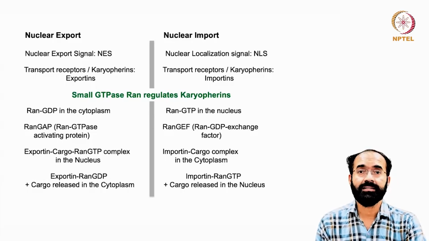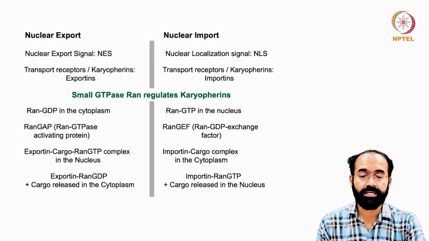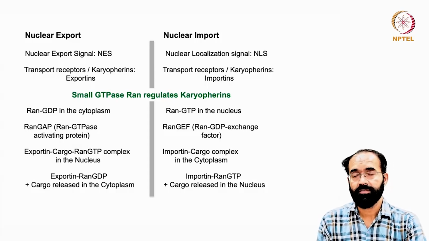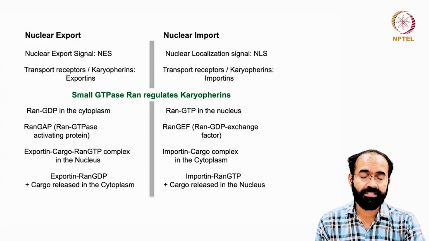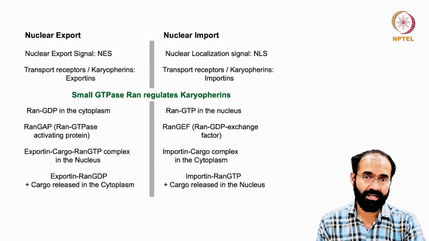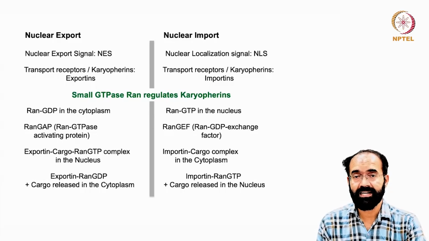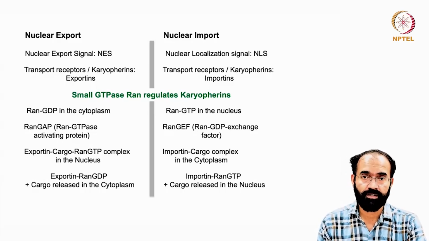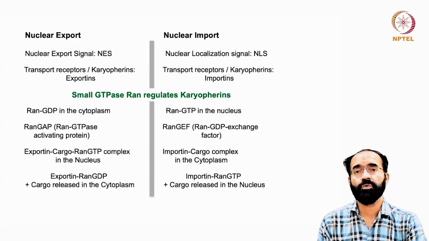And this RAN GTPase can regulate the karyopherins. So whether or not these karyopherins have the energy provided by the RAN GTPase, it will decide to function in a given manner. That means karyopherins are important in nuclear export, and they are important in nuclear import also.